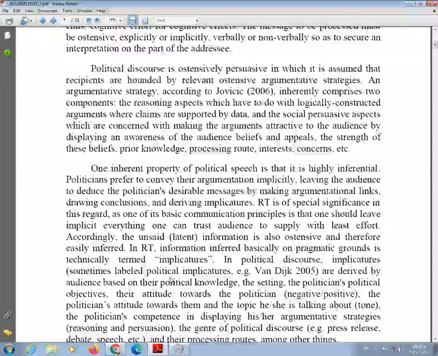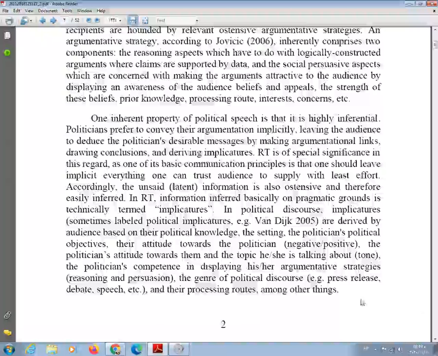Let's talk about Van Dijk, one of the most important scientists in the field of linguistics, discourse analysis, pragmatics, text analysis, really an encyclopedic linguist. He is talking about how hidden messages are there in human communication, including political discourse, and how the attitudes of the audience towards the politician, whether negative or positive, and the attitude towards the topic he is talking about, are very important in whether the audience is going to understand or accept what's being said or not.